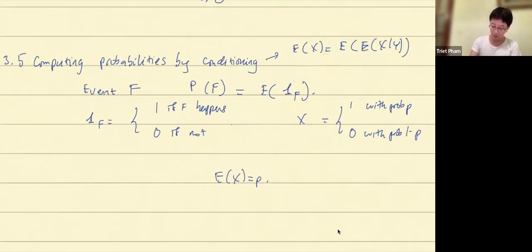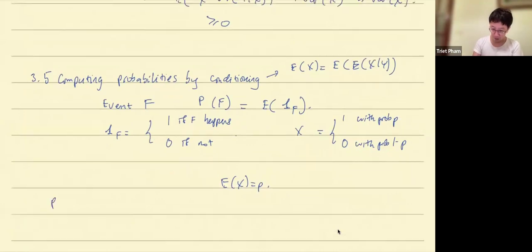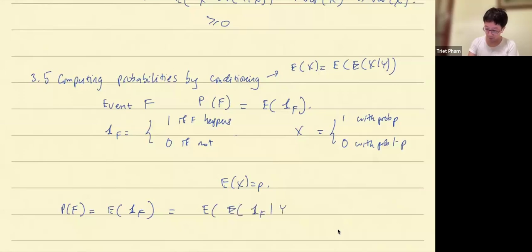So for example, if you want to calculate the probability of something, well, what this says is go ahead and consider it as an expectation. But the moment you consider it as an expectation, then you can apply a conditional formula on it, whatever you want to condition on.